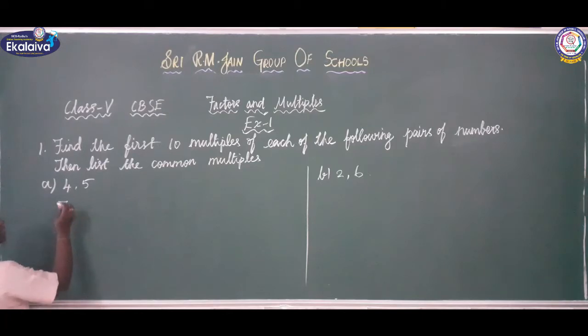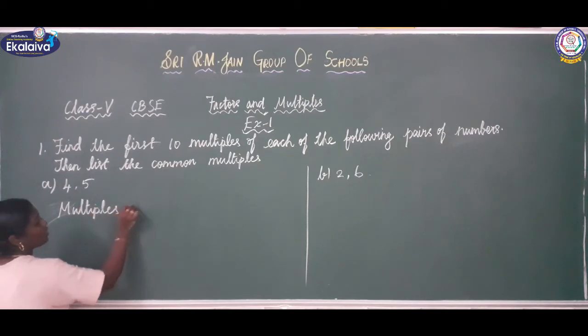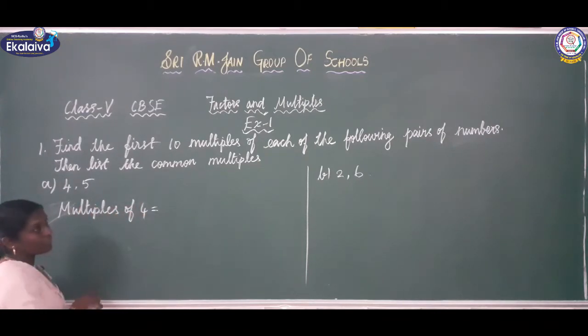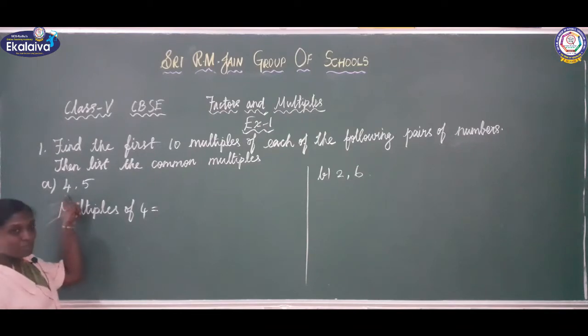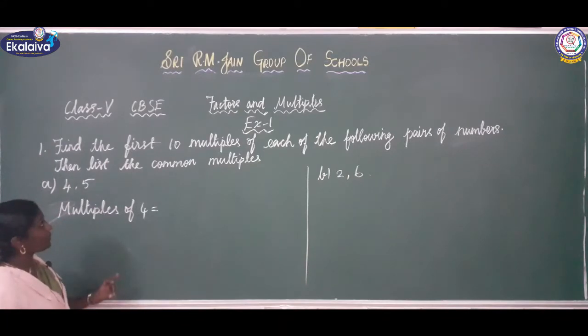How will you find the multiples of 4? We will get the multiples by multiplying the number by 1, 2, 3, 4 like that. Now we are going to first find the first 10 multiples.